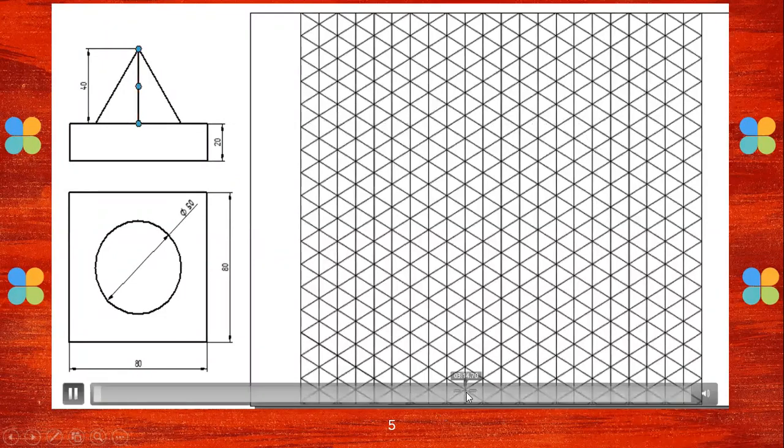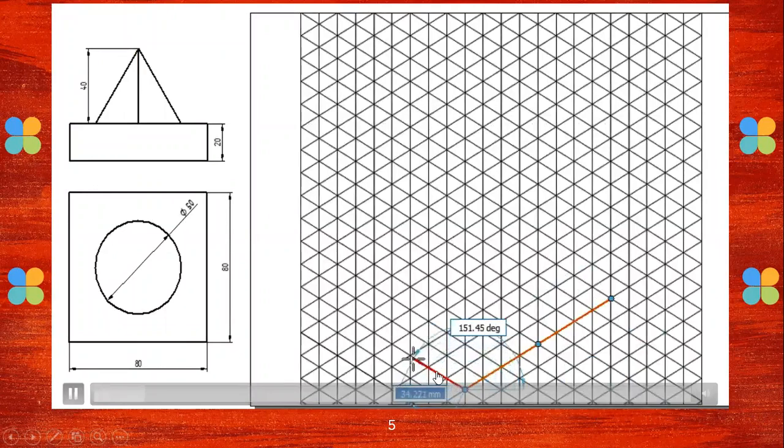So from any point go towards right 8 boxes. Each box measures 10 mm. So 80 mm means you have to go 8 boxes towards your right. Then 80 mm, so from the same point towards left, go 8 boxes.